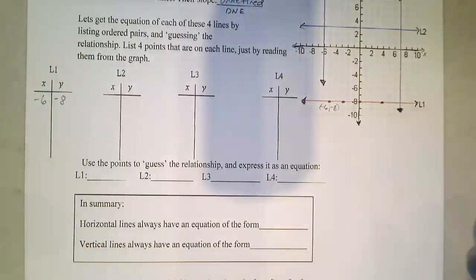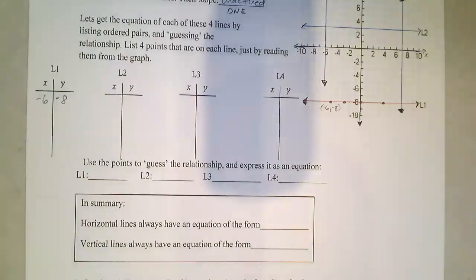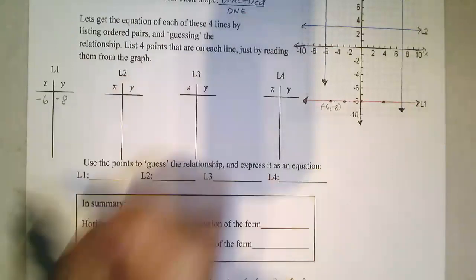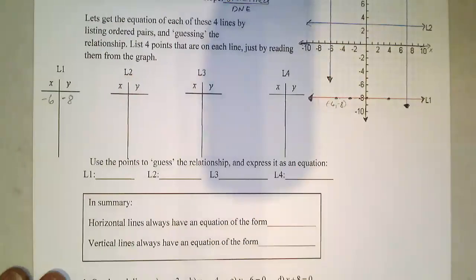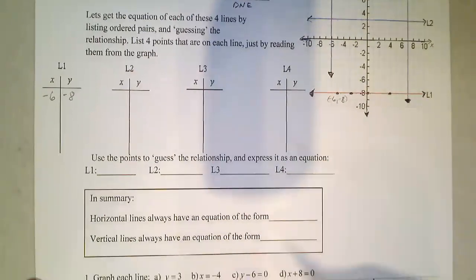Now, we've always done that when we had an equation, and then you had to find the solutions to those equations. This is a little weird. I told you, we're going to go backwards. I'm going to put all the points here, and looking at them, we're going to guess the equation. So let's take a few more because we want to see a pattern.